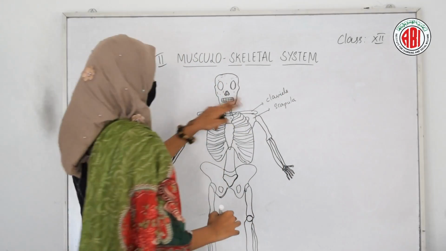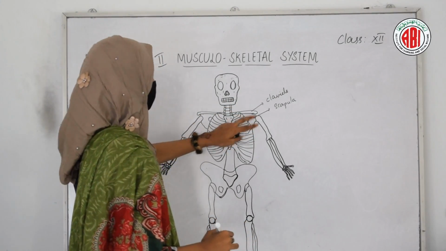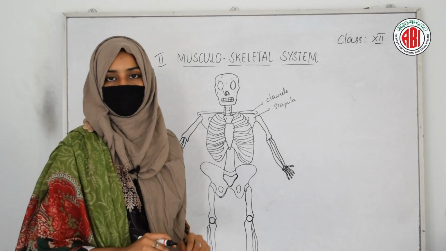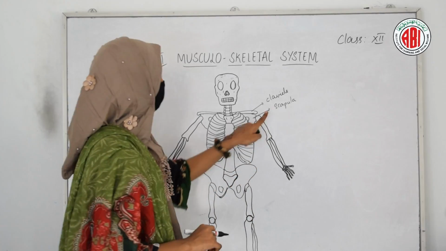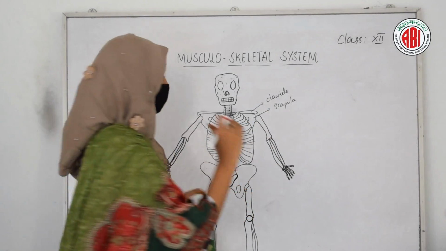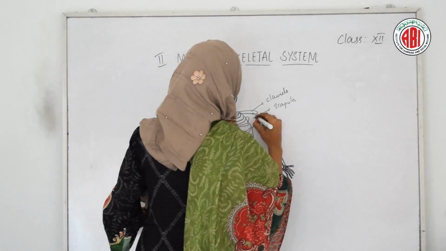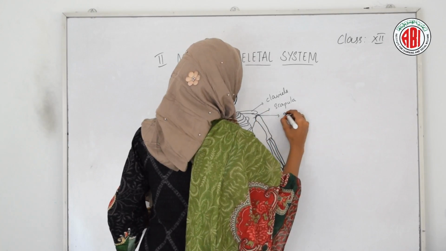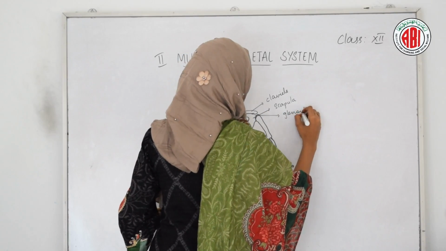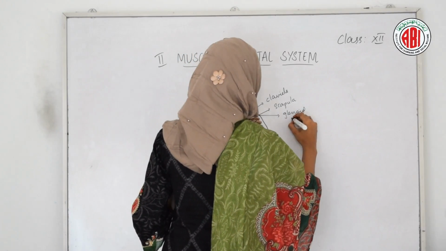Two clavicle bones and two scapula bones are present in our pectoral girdle. The scapula bone shows a cavity, called the glenoid cavity. In this cavity, our bones can get fixed.